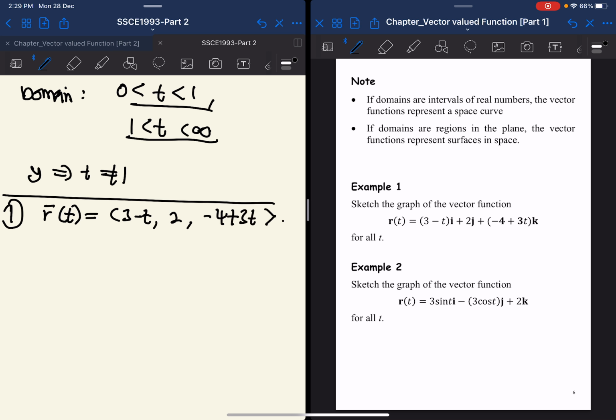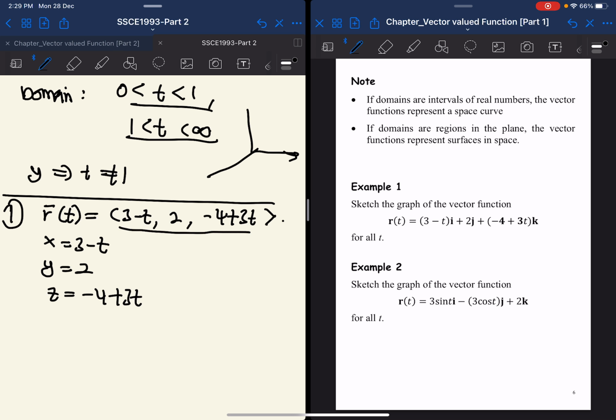For us to be able to sketch in 3D, because we are looking for a curve in space, the first thing is to set x equal to 3 minus t, y equal to 2, z equal to -4 plus 3t, based on the given vector function. These will be the first, second, and third equations.